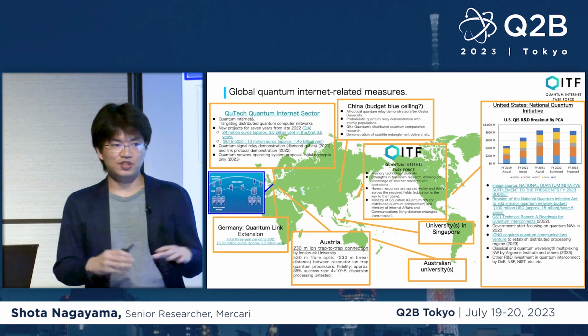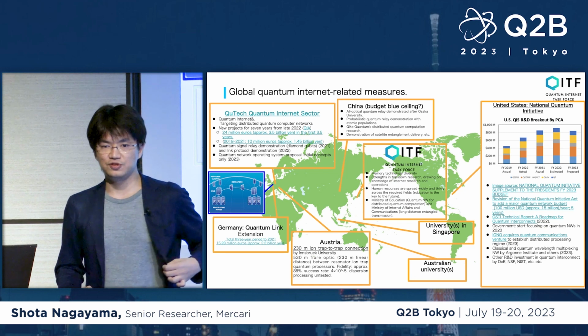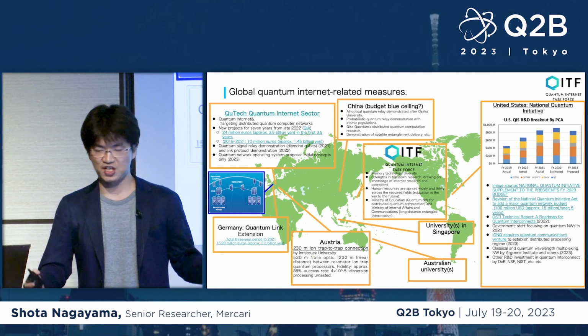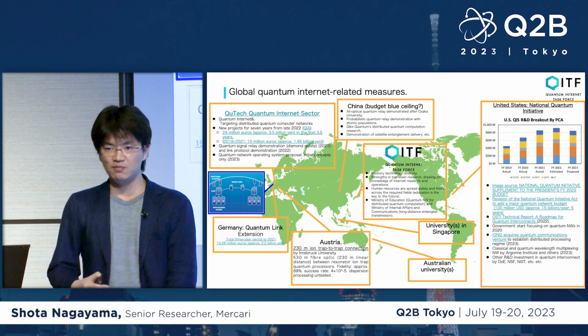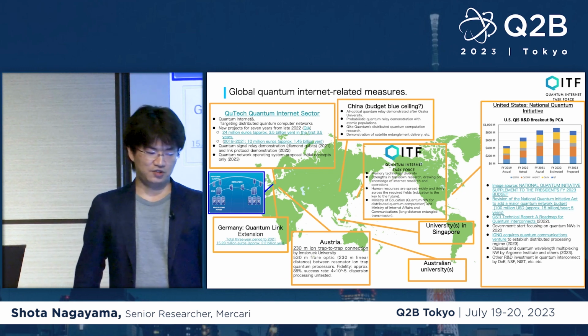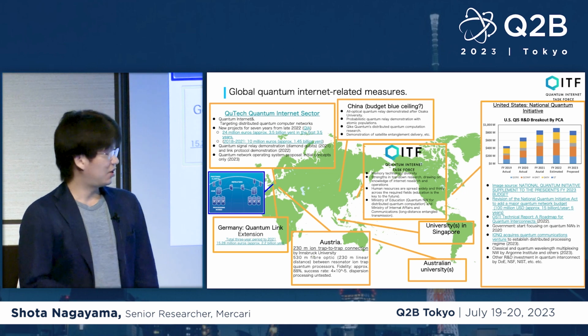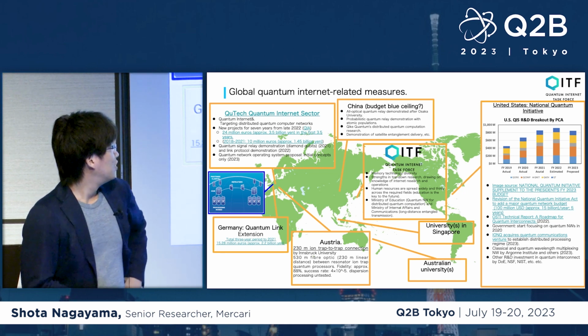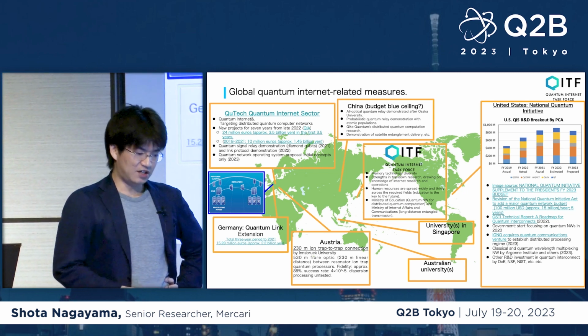I have been in the information technology area, so we want to form a big infrastructure. The information technology related expertise is now being utilized in this quantum internet project. So that is another strength that we have in Japan.